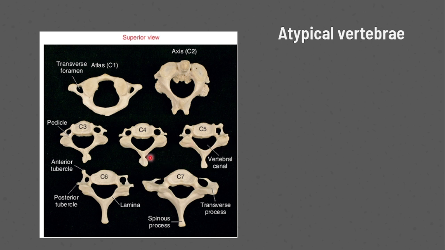There is a difference in the cervical vertebrae from other vertebrae: it has the uncinate process, which forms the uncovertebral joint, or the joint of Luschka. And we have 2 uncinate processes, so we will have 2 joints of Luschka. So the cervical region is a 5-joint complex.